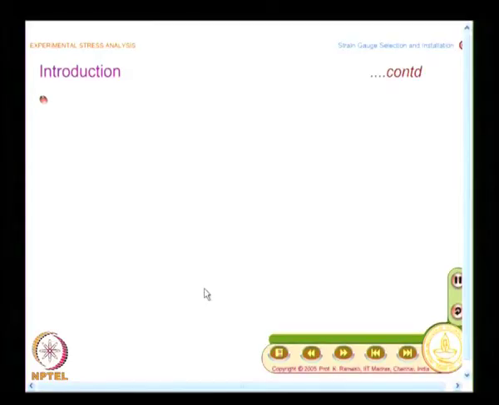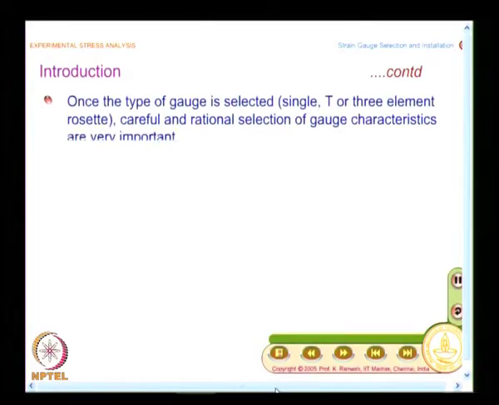So, the recommendation is to use a whole field technique in conjunction with a point by point technique. A point by point technique alone will not be very effective, and we have seen some examples where a mere application of the strain gauge technique was not sufficient because you pasted it slightly away from the critical zone. So, it underestimates the maximum strain, and your design can be way off. So, combine the use of a whole field technique and a point by point technique.